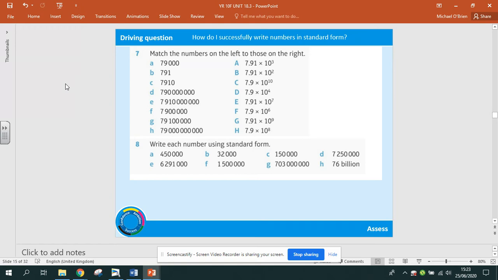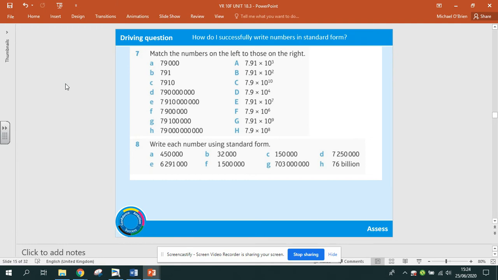Okay, for these next questions, we have the normal numbers written in the normal type, and we have numbers written in standard form. You just have to decide which one is which. You can either draw that grid and line across, or just write down which one is the same as that. So, for example, if you think that 79,000 is the same as 7.9 times 10 to the 8th, that's what you write next to it.